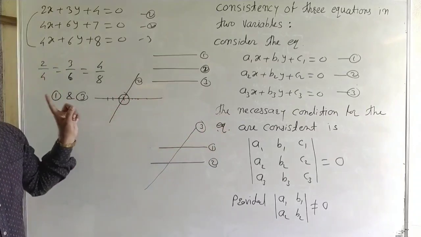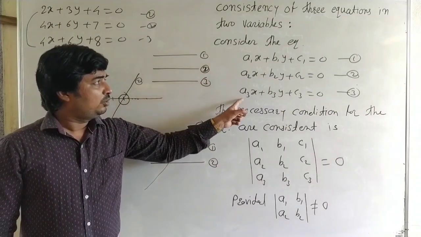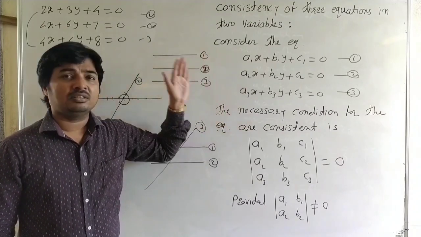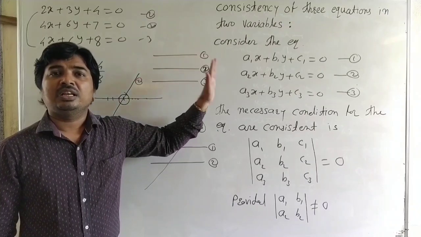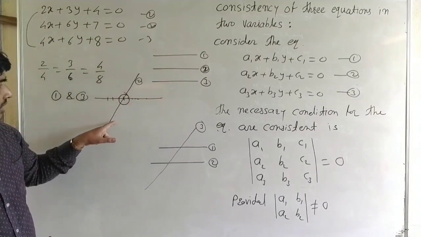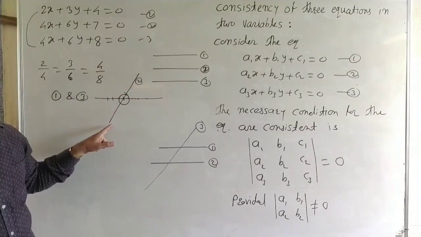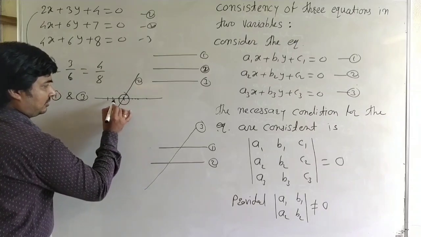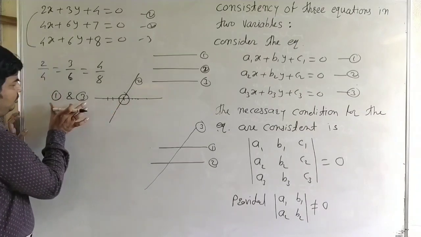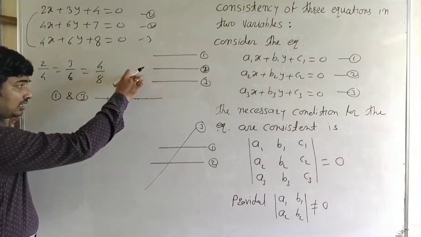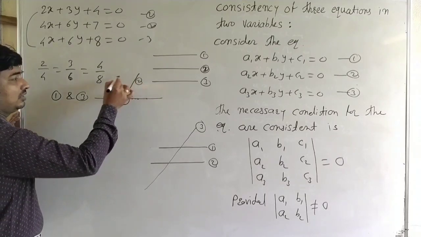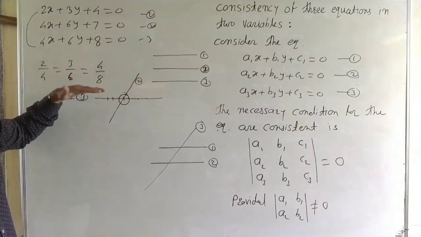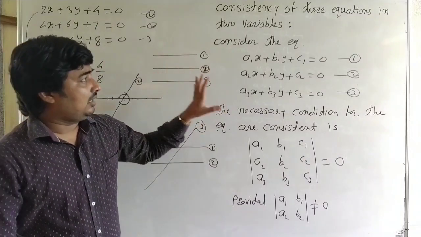Listen carefully: if any two lines out of 3 coincide and the third line intersects them, then these two lines are obviously consistent because they coincide, and the third line intersects them. That means the three lines are consistent, and there is a common solution. See carefully, remember this.